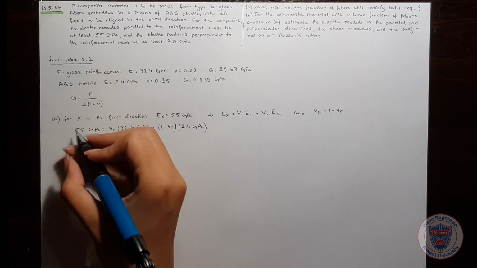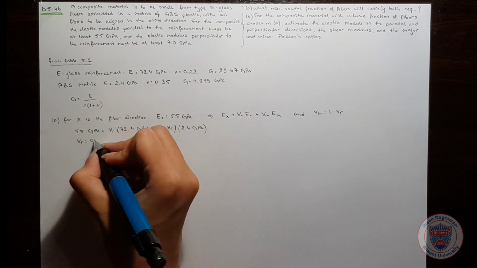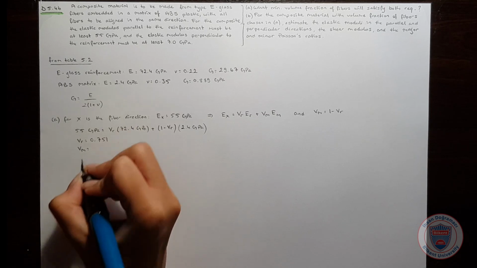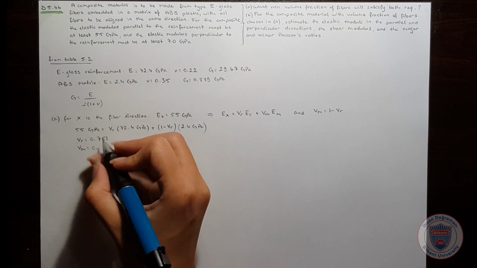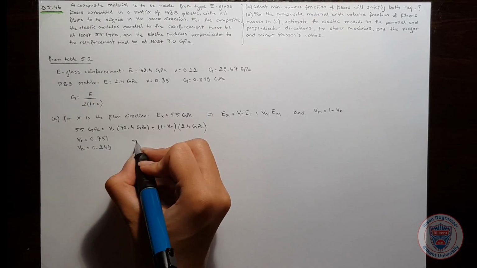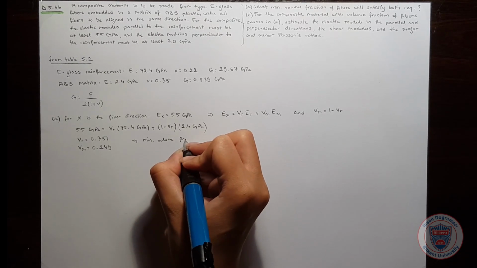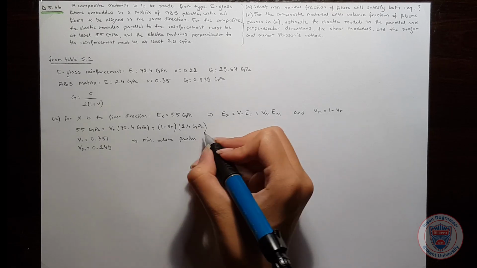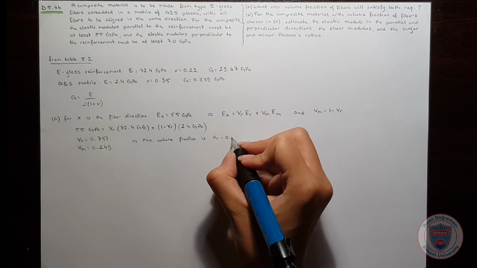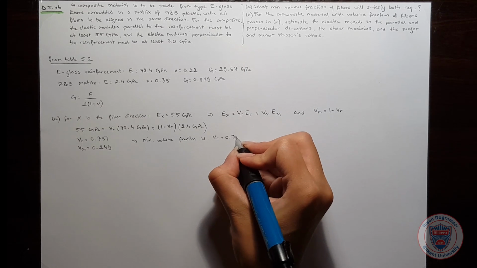When we make the computations, we got volume fraction for reinforcement as 0.751 and VM as 0.249. And the minimum volume fraction is VR is equal to 0.751.